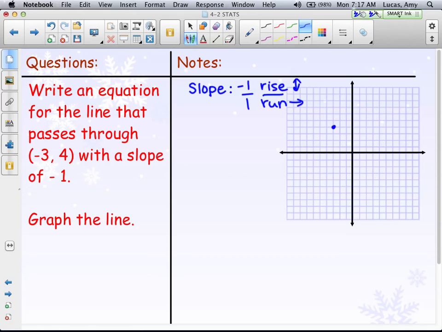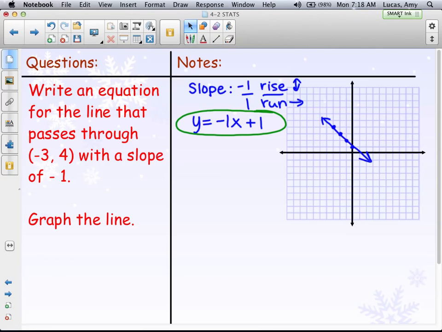So I'm going to go down 1, over 1 to the right. Here's my line. From graphing, I can tell that my intercept is +1. So I'm going to write my equation. My slope is -1. My intercept is positive 1. And I've got my equation and my graph.